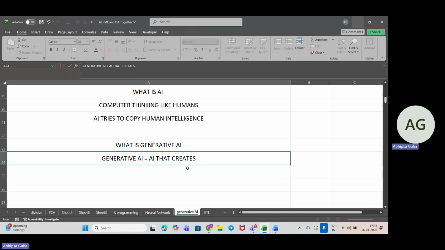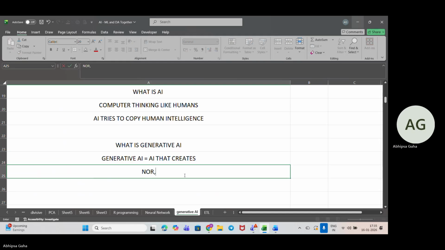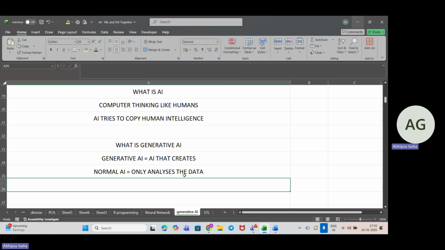Normal AI only analyzes the data, but when we come to generative AI, it creates new things.